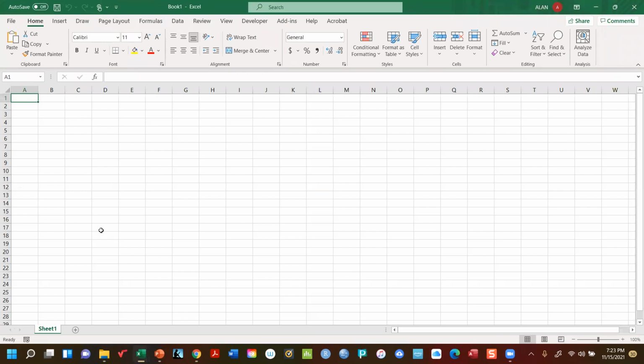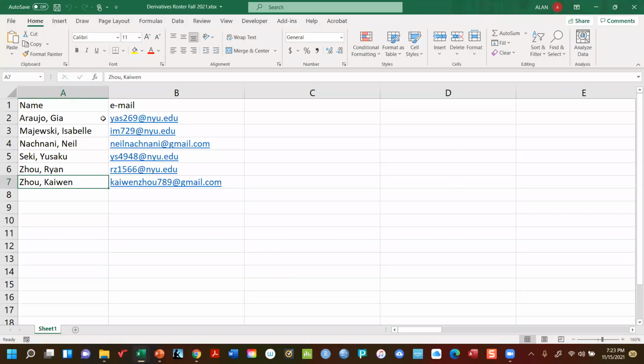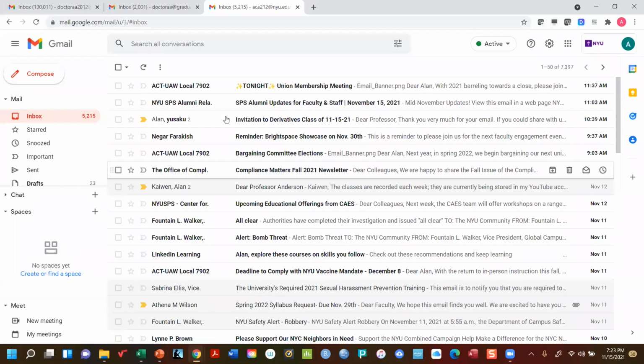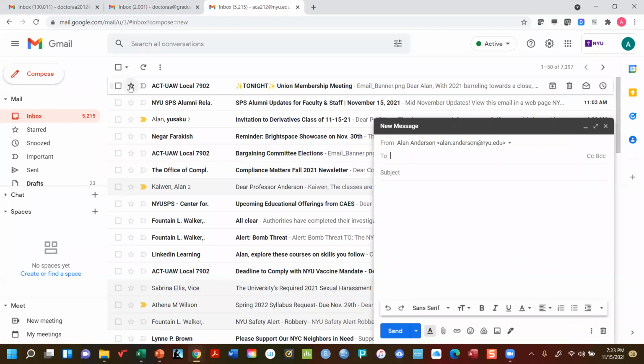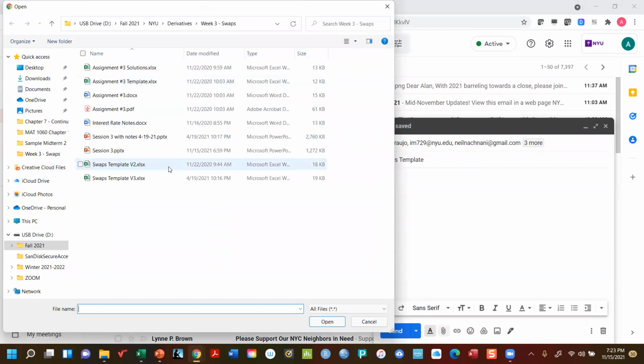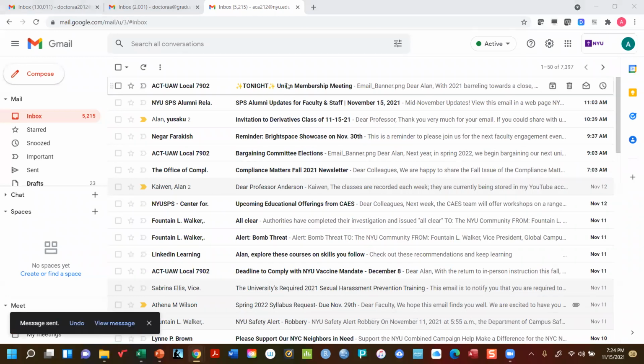That way it'll speed things up a little bit because the calculations are already there. All right, hold on one second. If we have to change anything, it would be easy.